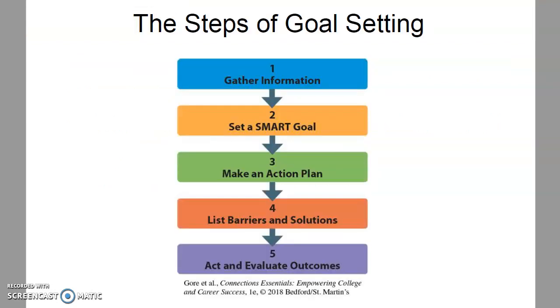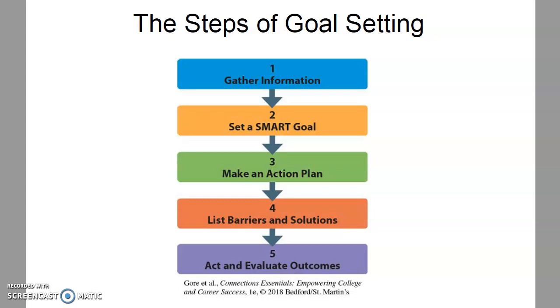There are 5 steps to goal setting. The first step is to gather information about ourselves and our potential goal plans. In other words, we will do a little bit of research first.